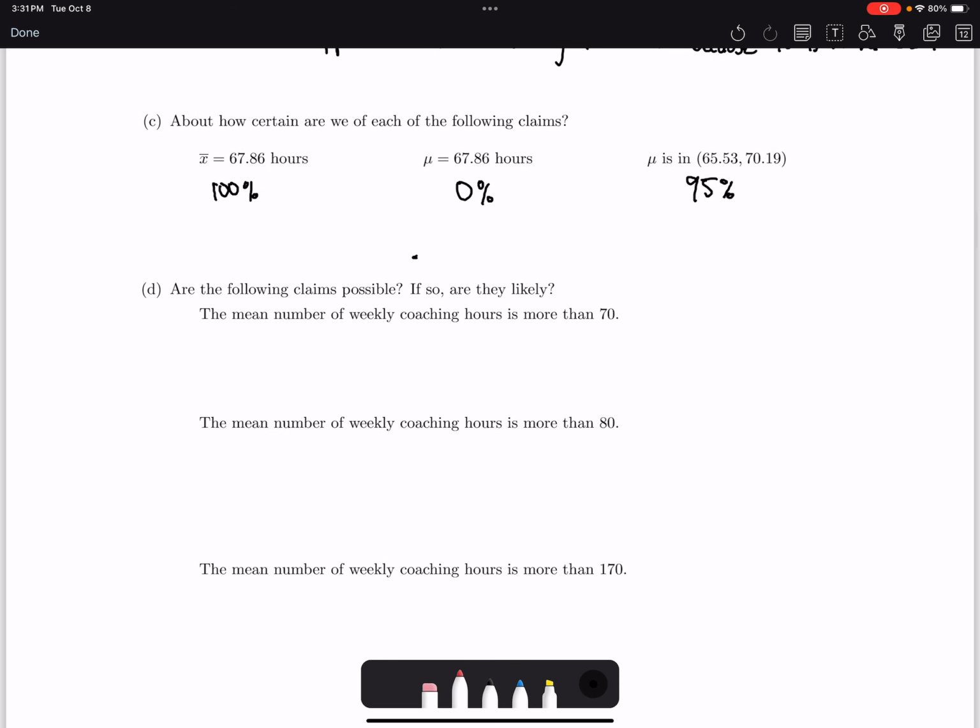Okay, so let's look at these next claims and determine if they're possible, and if they are, whether they're likely. The first claim is that the mean number of weekly coaching hours is more than 70. That's possible.